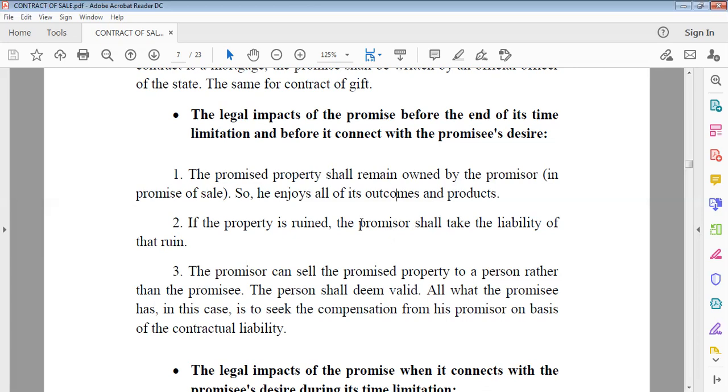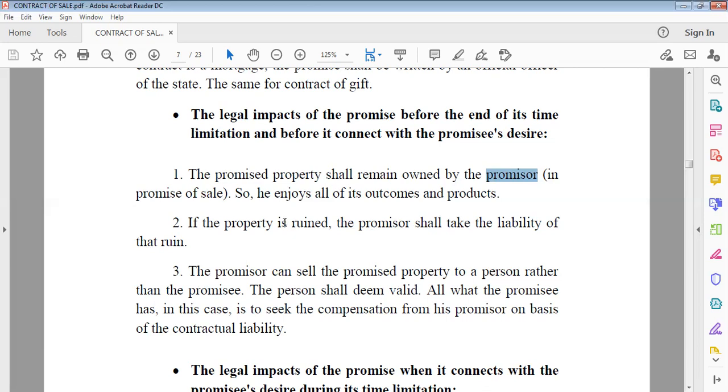Now the property is still the promisor's ownership, the promisor's property. So before the promise matches with the desire of the promisee, the promisor is still the owner of the promised thing, or the sold thing, or the object of the contract.